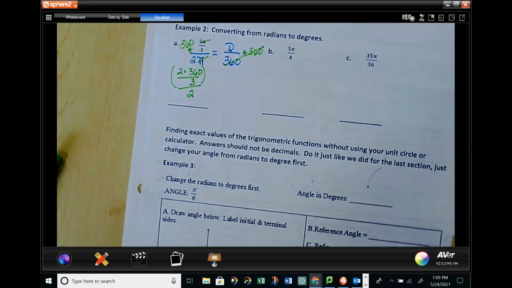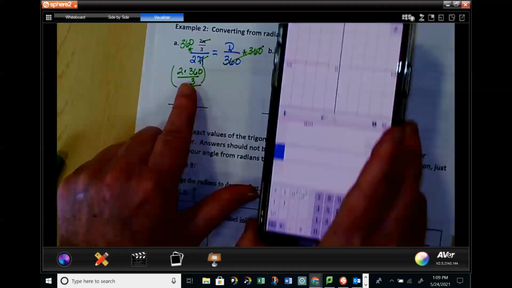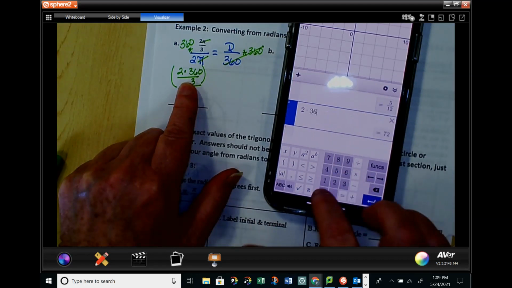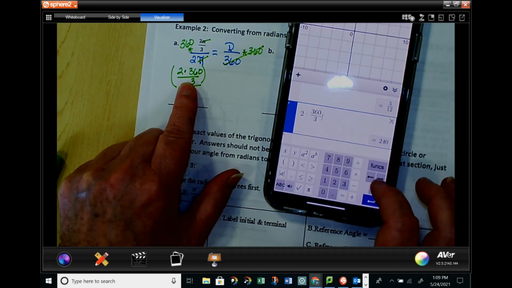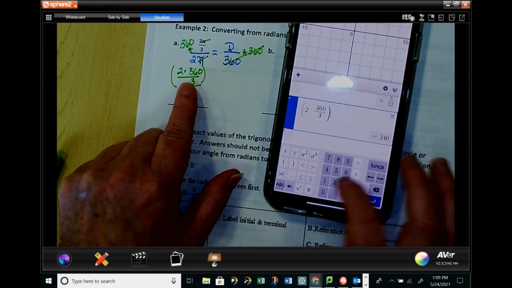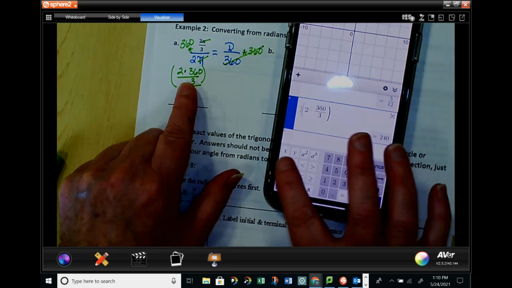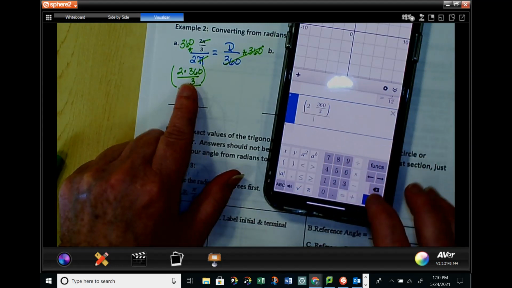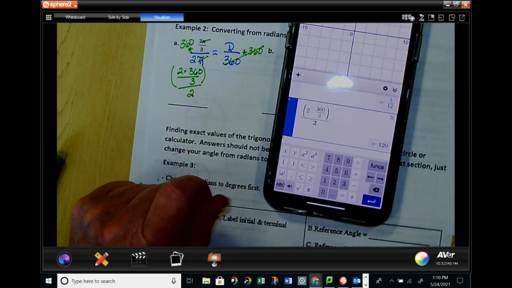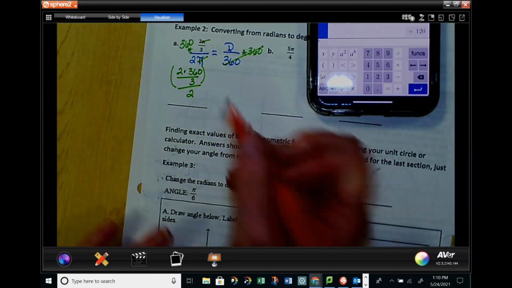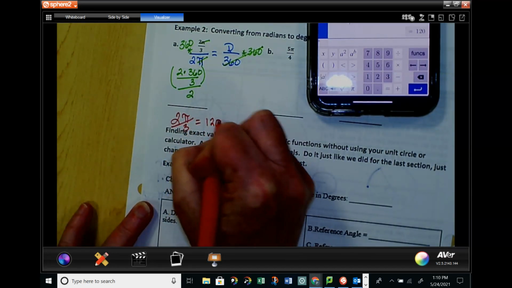So we use our friend. I'm going to go 2 times 360 divided by 3, and then put parentheses around this. Now I'm going to divide that whole thing by 2, and I get 120 degrees. So 2 pi over 3 is 120 degrees.